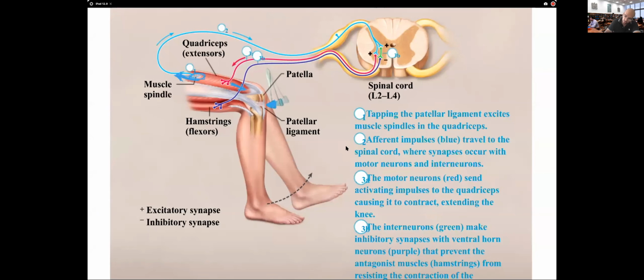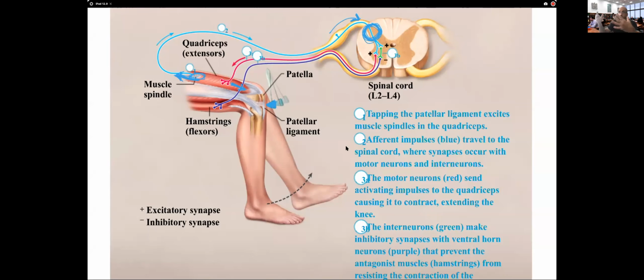And the stretch sensation is going to be sent to your spinal cord through the dorsal root of the spinal nerve, to get integrated in the spinal cord, passing through the dorsal horn of the gray matter of the spinal cord.